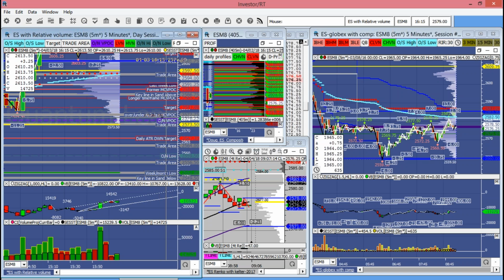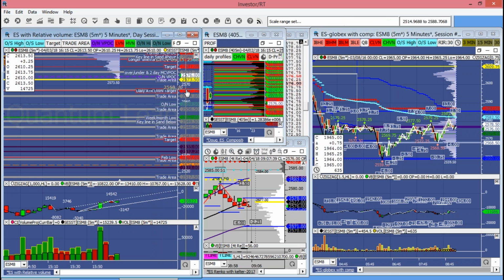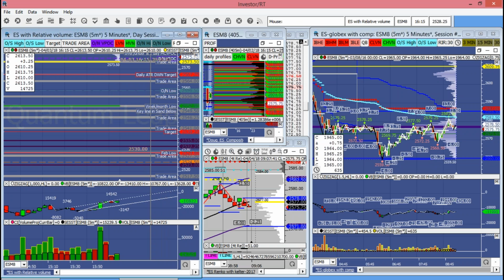That is hypo 2. Hypo 3, because of the weakness, is going to be a failure day, flipping hypo 3 and hypo 4 down. I'm looking for an open test drive, failure to get above the 85 level, break hard down below the 73, come down into the overnight low, chop in this area, then get a continuation wave down, and I'm targeting this 35 to 32 area, possibly a late-day probe down to 23.